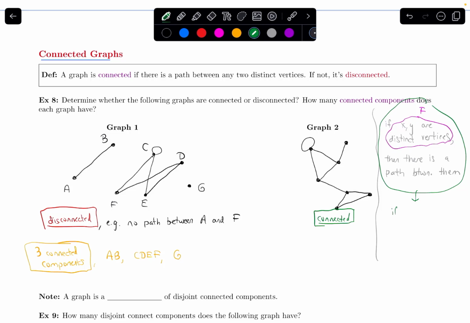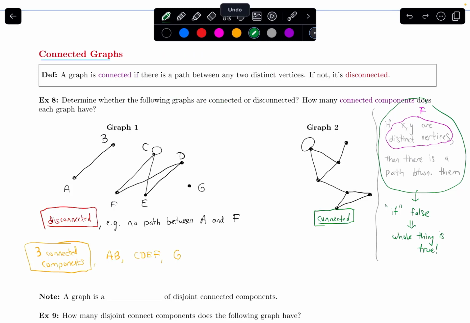So the if part is false means the whole thing is true. We are tying this back to our logic chapter, way back in chapter 1. So that's why G is indeed connected. It does satisfy this definition.